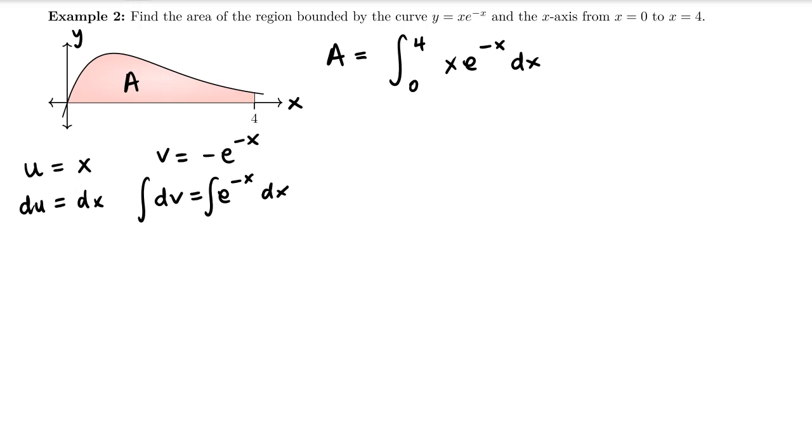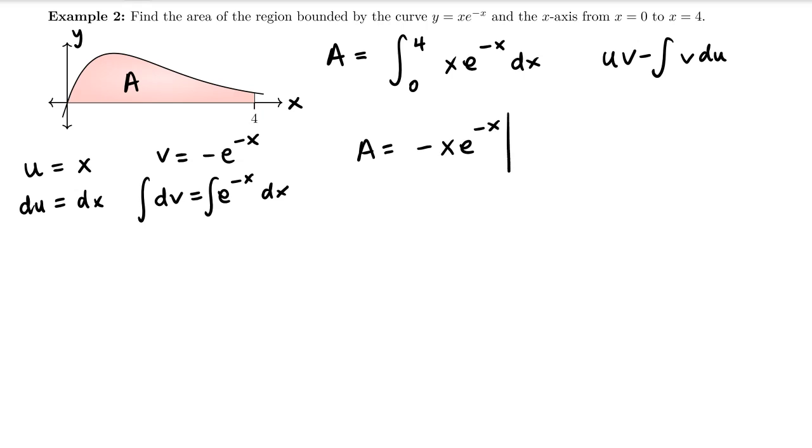So let's go ahead and start applying our formula, which again is ultraviolet super voodoo. And this example is a definite integral, so we have to be conscious of our limits of integration. So don't forget those. So we have A is equal to u times v, which in this case would be negative x times e to the negative x.